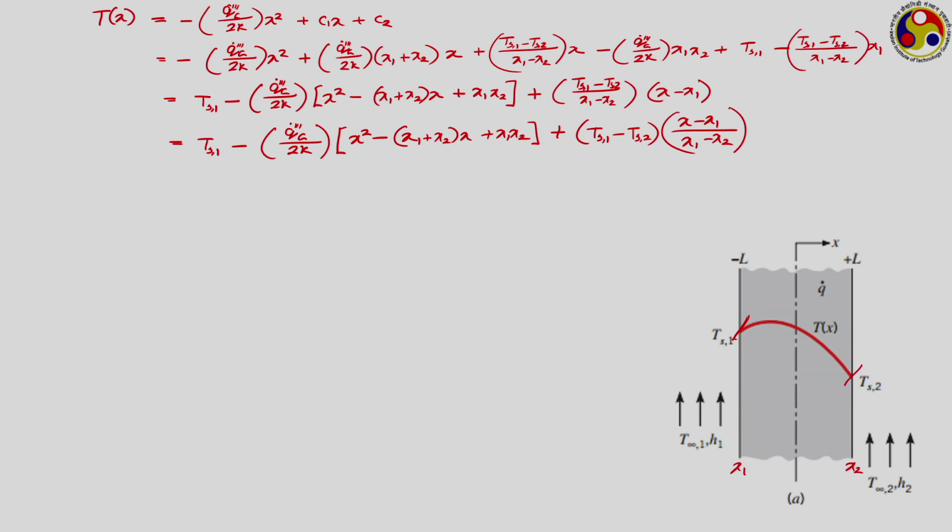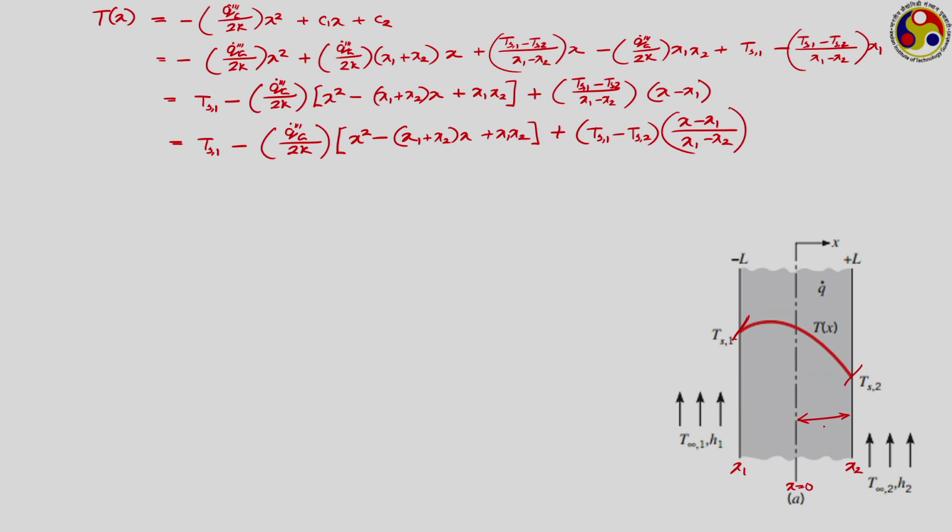In an effort to avoid such a complicated expression, the origin of the coordinate frame, x equal to 0, has been selected as the central line of this block. So that now both the walls are equally located.